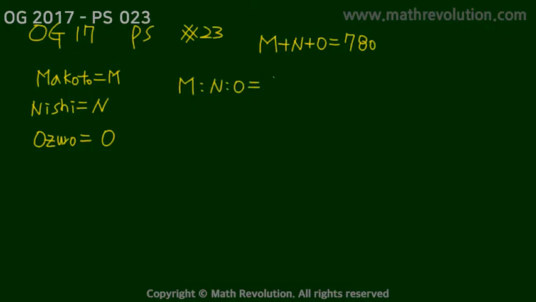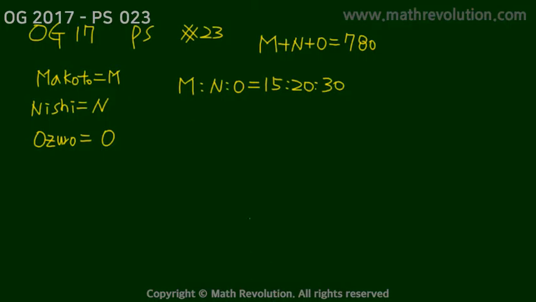And finally, Ozuro, let's call it O. Now the question says M plus N plus O equals 780. Now if you read the question, it says the amount they received is directly proportional to the hours they worked. So M to N to O, the ratio, is equal to 15 to 20 to 30.